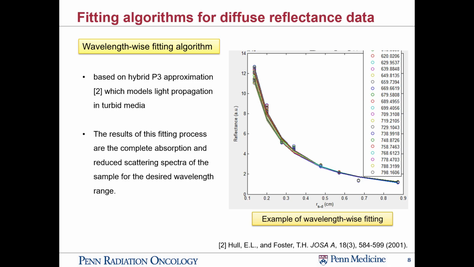So here is actually a fit for a range of wavelengths from 621 all the way to 750, and you basically can determine this wavelength by wavelength at about 6-7 different distances from the point source. And the distance is from 0.1 millimeter extending to about 0.9 millimeters.